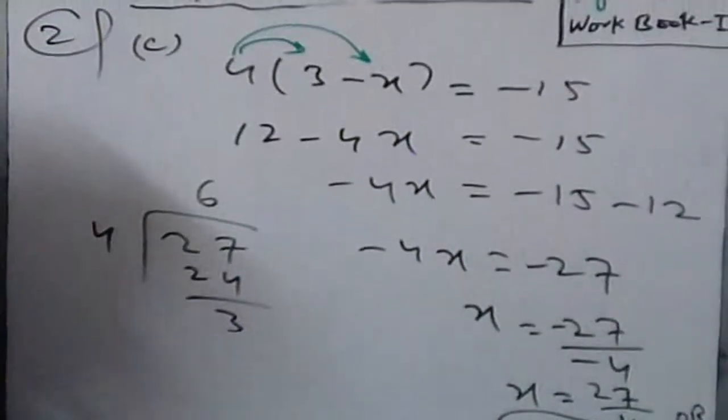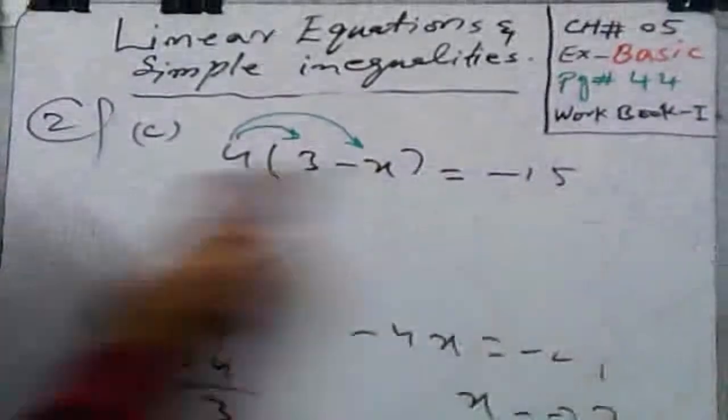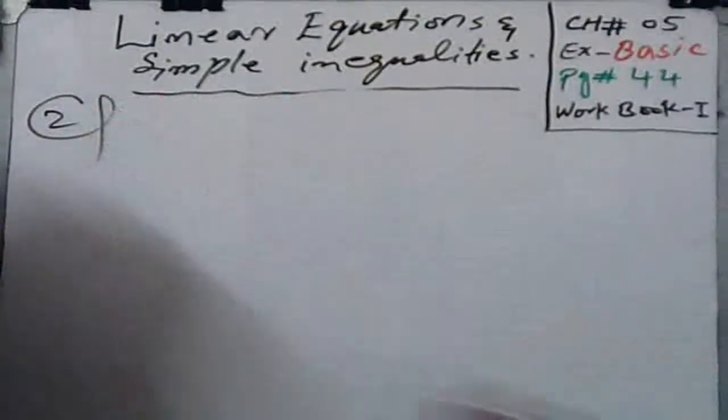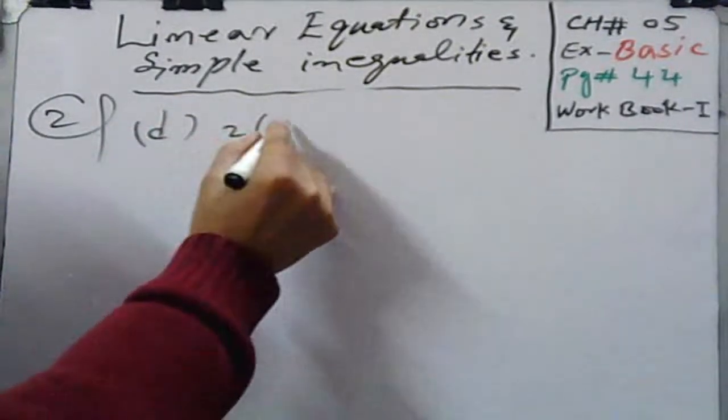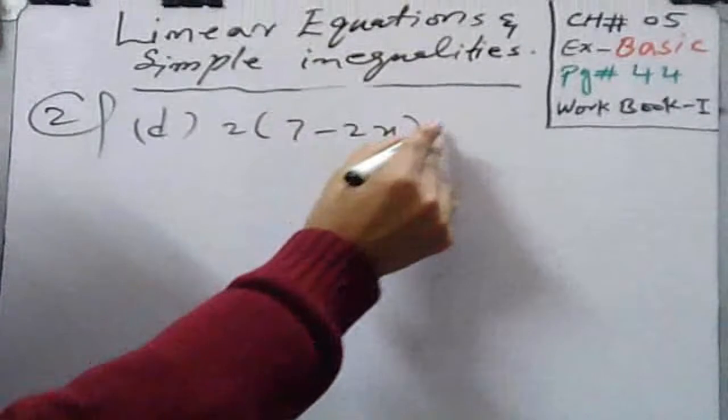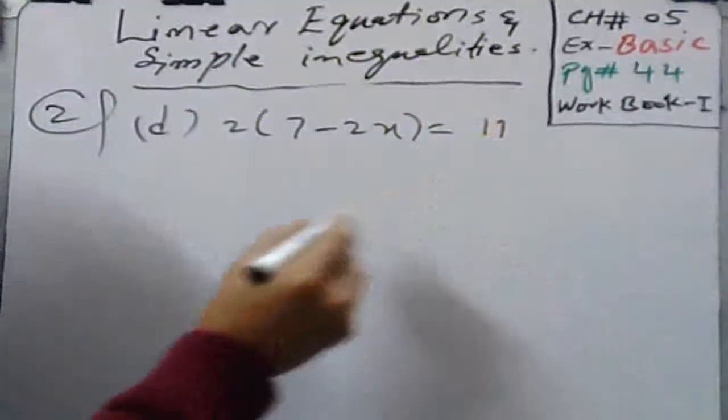Now in D part, 2 into 7 minus 2x is equal to 11.